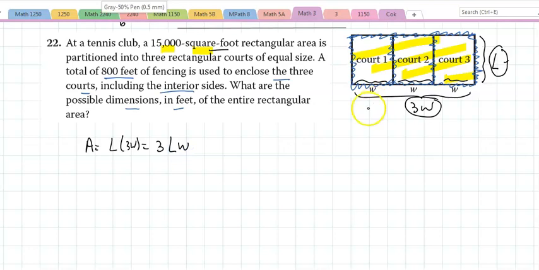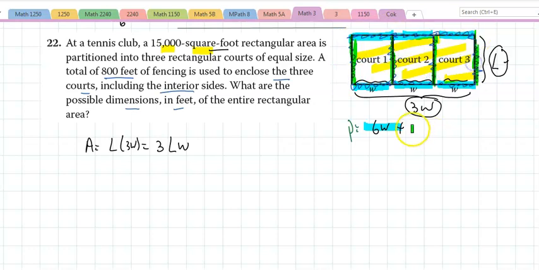And the perimeter, if you look at the perimeter, that's going to be 1W, 2W, 3W, 4W, 5W, 6W, plus 1L, 2L, 3L, 4L.